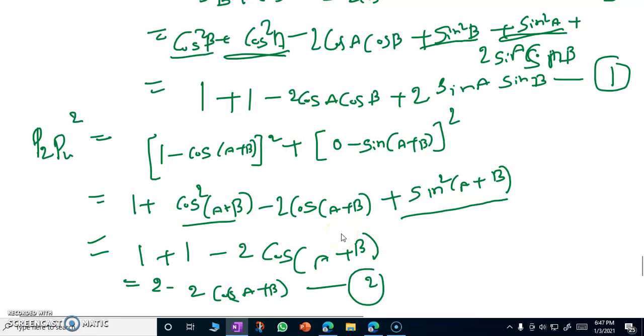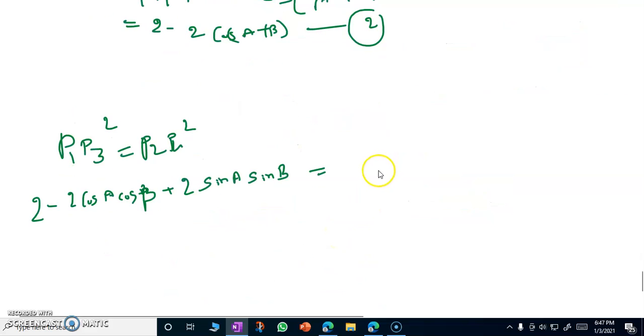P2 P4 square is 2 minus 2 into cos of A plus B.